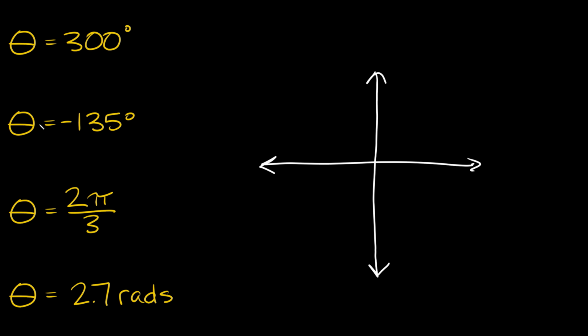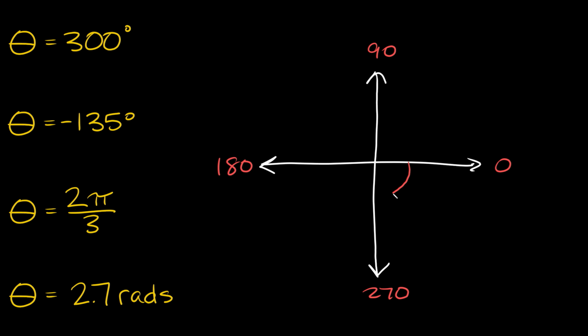This time we have theta equal to negative 135 degrees. Again, we're working in degrees, so we can label our axes again: 0, 90, 180, and 270. The first thing we want to do is draw this angle. This time we rotate in the negative direction, because this is a negative angle. Starting from standard position, we rotate in this direction.